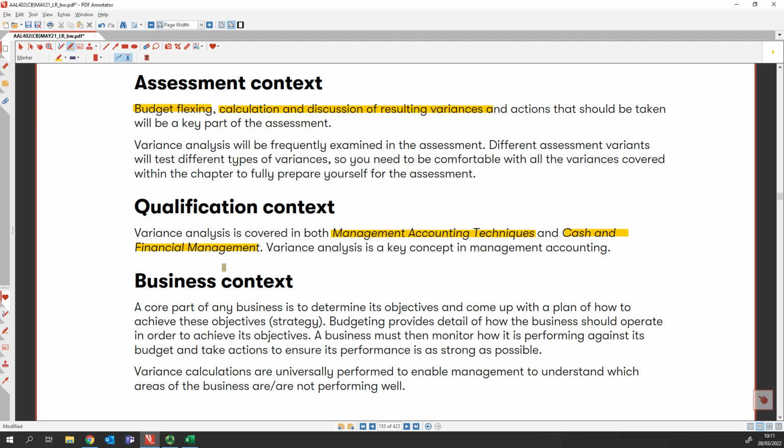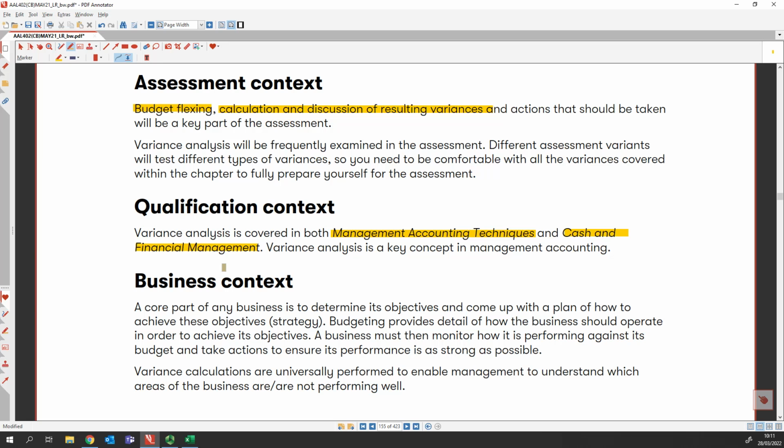In the business context, it is very, very important that organizations know why their performance is different to what is expected. Even if the actual performance is better than expected, we still need to understand why, so that we can continue doing what we're doing and get the best possible results for the organization.